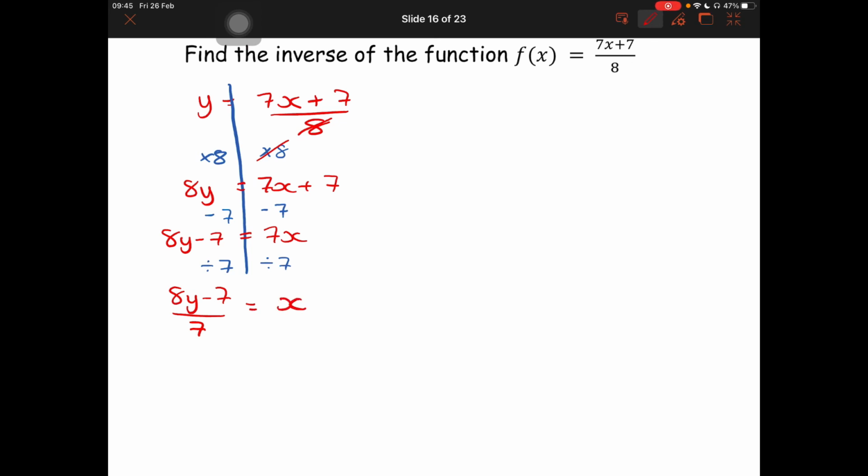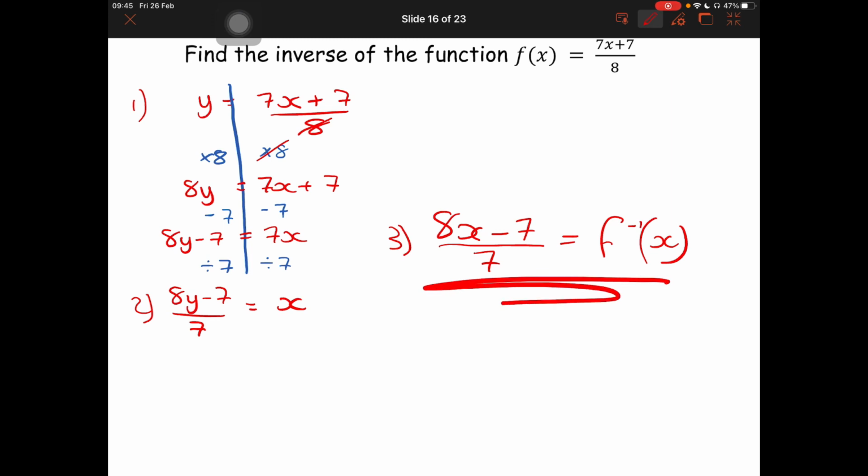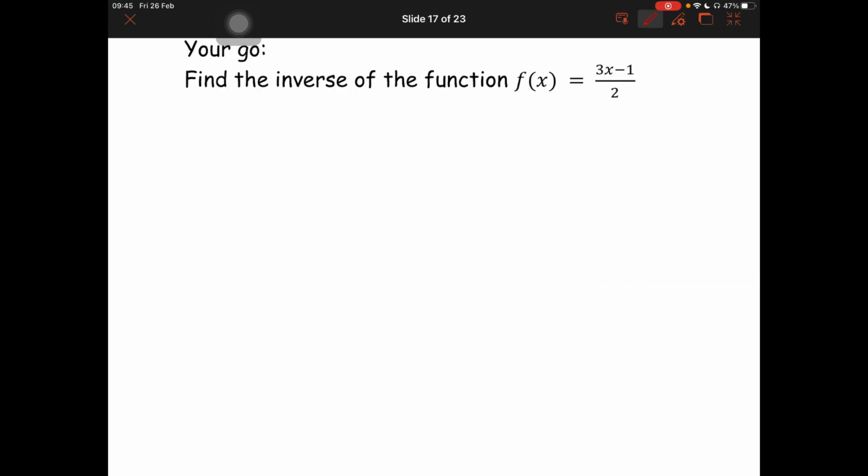And again, we make our swaps, so y becomes x, x becomes f to the minus 1 of x. It is still just the three-step process to make our inverse function. Okay, all this is based on, guys, is just rearranging equations.